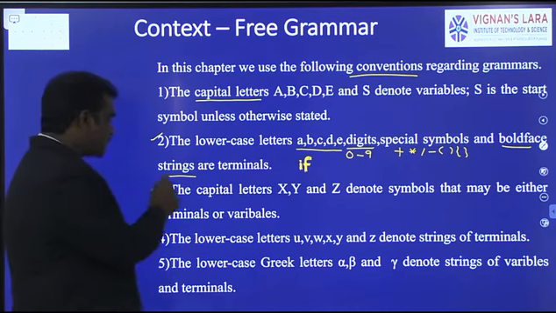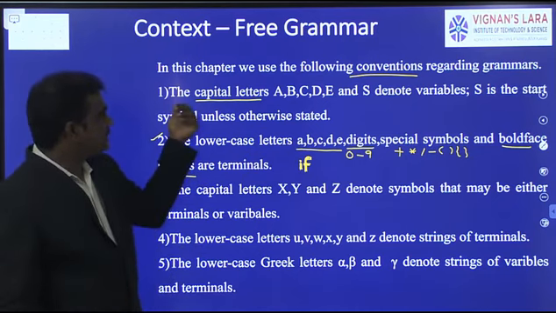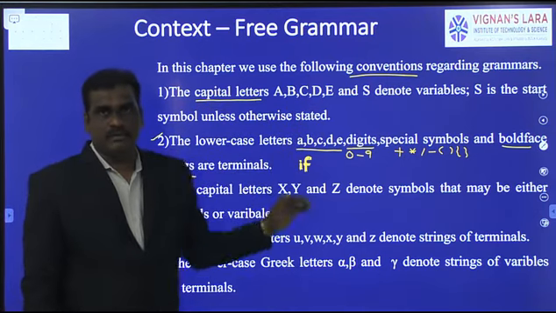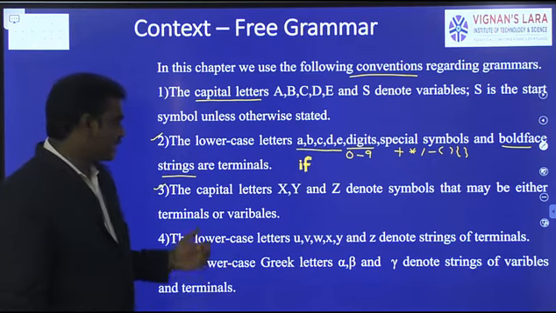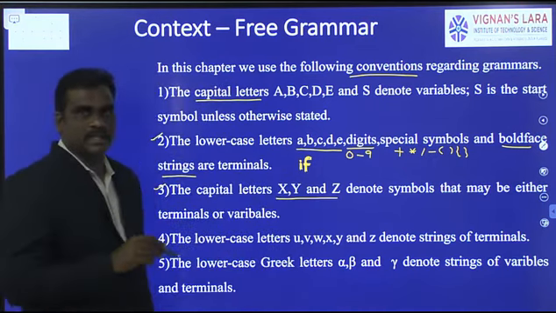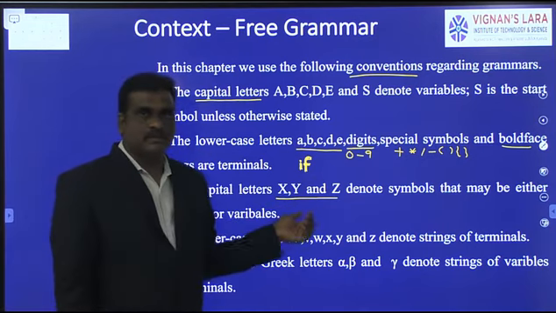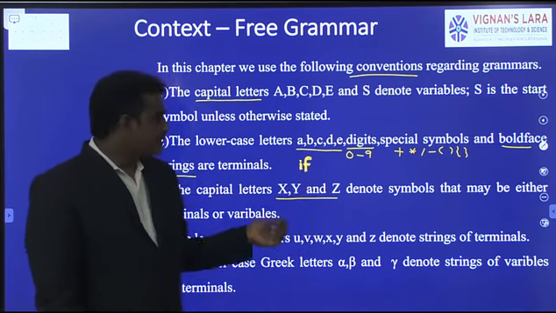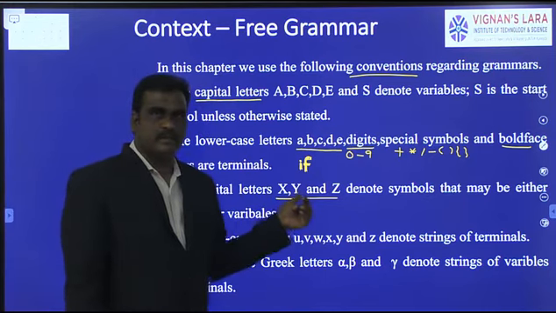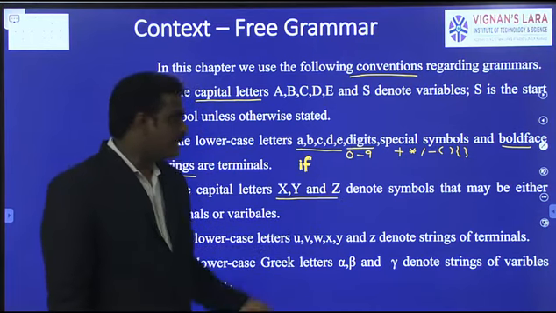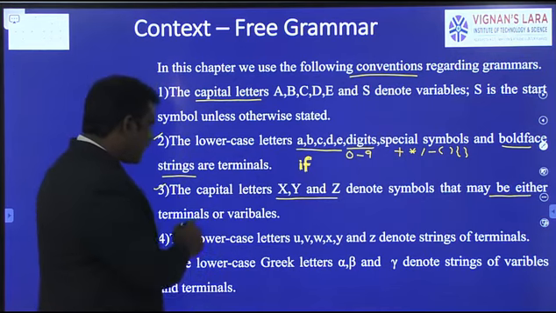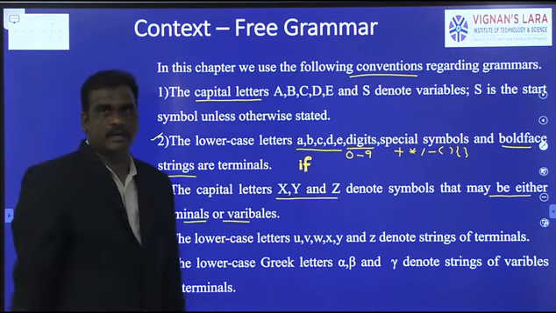And the third point is, in the first point I mentioned that capital letters are variables, but for some of the capital letters, like X, Y and Z, the meaning is somewhat different. Suppose in our grammar we have mentioned the capital letters X, Y and Z. The meaning is it may be either a terminal or non-terminal.